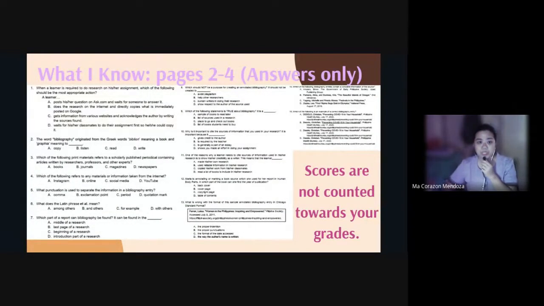Here in what I know, please proceed to pages 2 to 4 of your module and please answer 1 to 15. Remember, this works just like a pretest, meaning the scores are not really counted towards your grade. So this is to check how much you already know about the lesson.